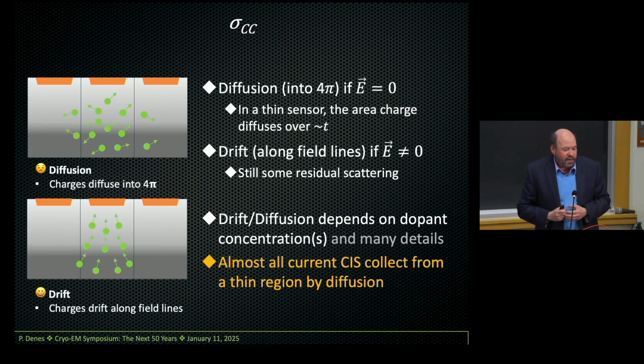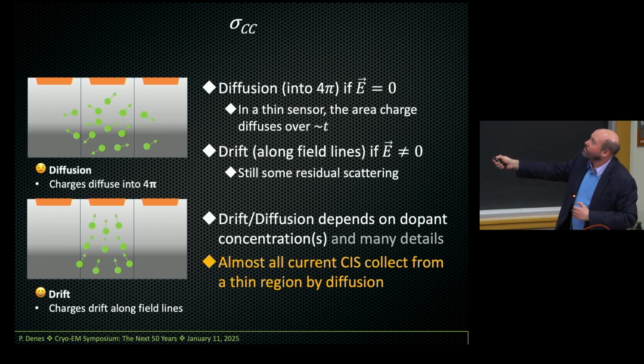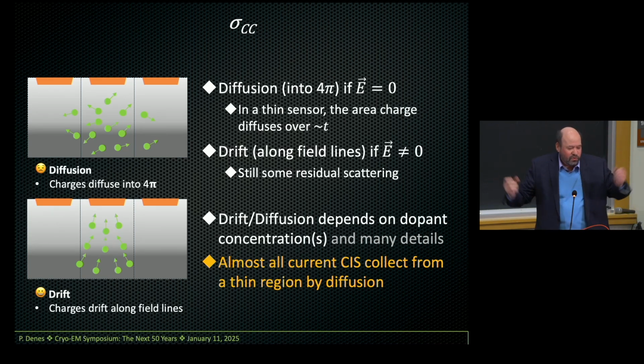So most sensors today, what's in your cell phone, collect charge by diffusion. So there's no net electric field here. So these charges have no reason to go one direction or another. So they diffuse into 4 pi. It ends up working out okay because this layer is quite thin, but it means charges diffuse.